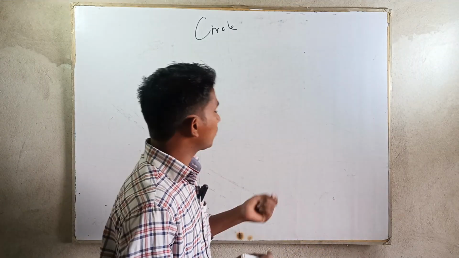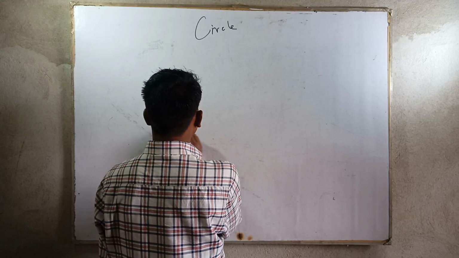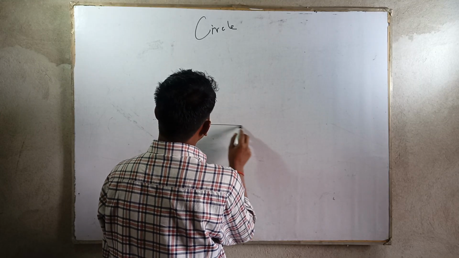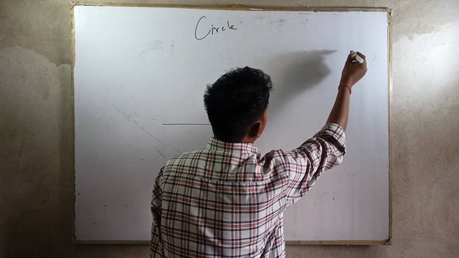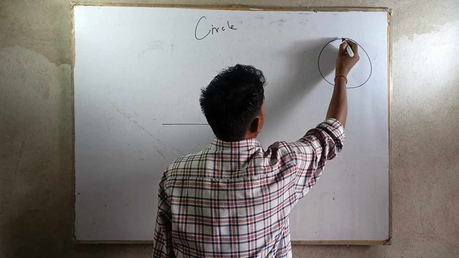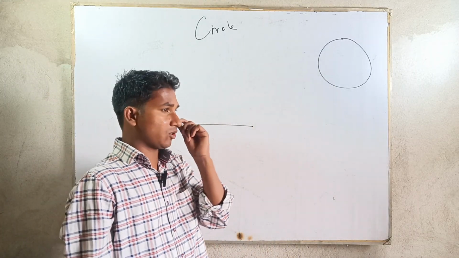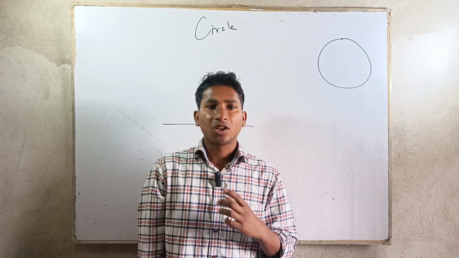So first I want to know about the circle. Suppose one circle, how to make a circle? This is a circle, and a round figure is called a circle. You would have seen a coin.